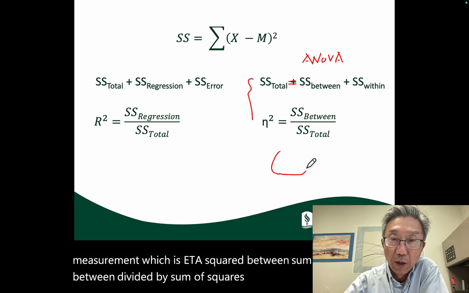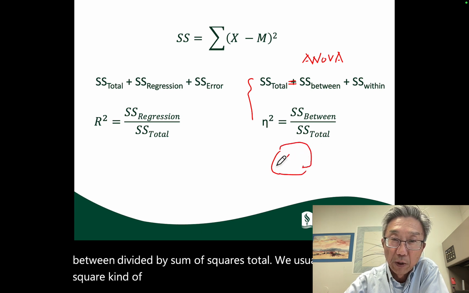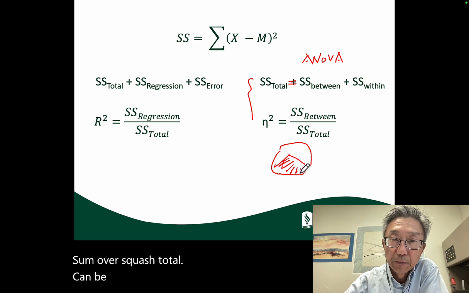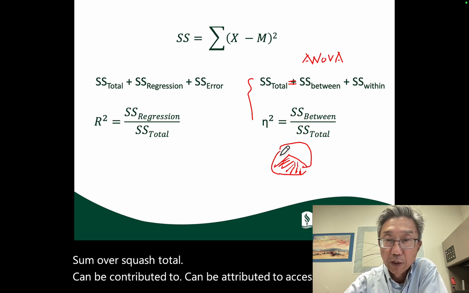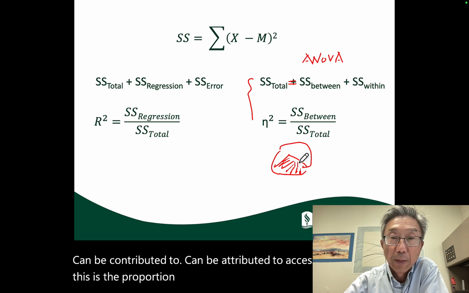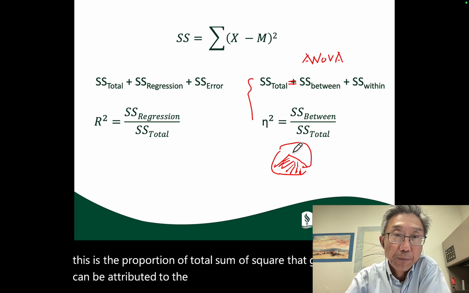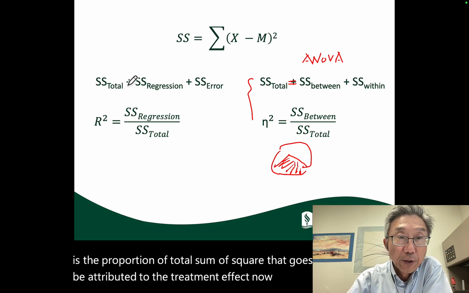We usually draw eta squared in this way. It's one part of the sum of squares total that can be attributed to SS between. So this is the proportion of total sum of squares that can be attributed to the treatment effect. Now, what about regression analysis?